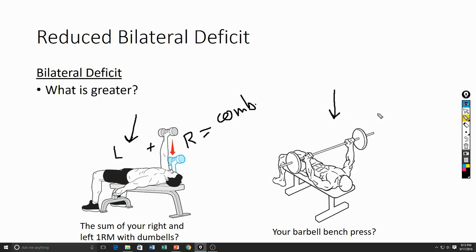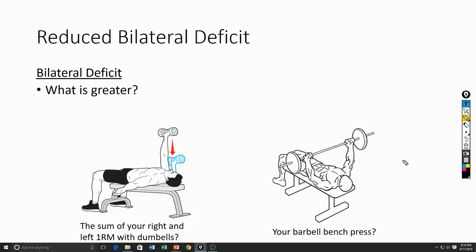The sum of 2 arms individually doing work, or the combination of both arms working at the same time? Now, if you've ever lifted weights, unless you're some sort of an anomaly, the barbell is going to result in more weight being lifted nearly every time.